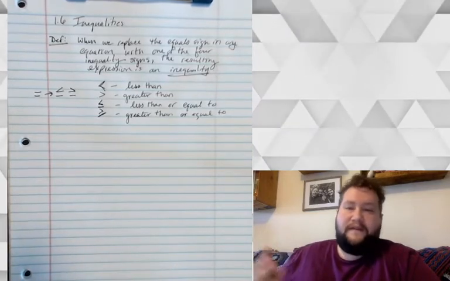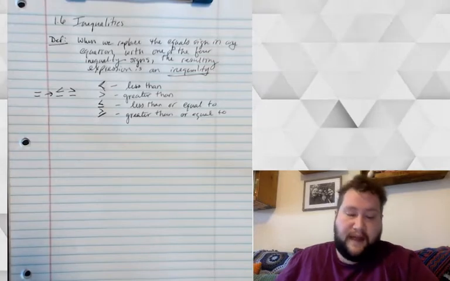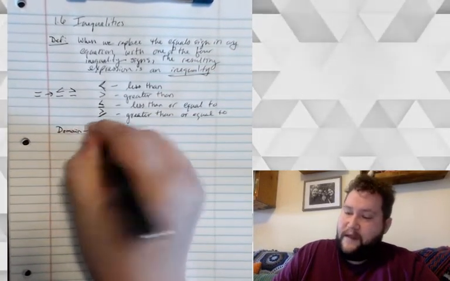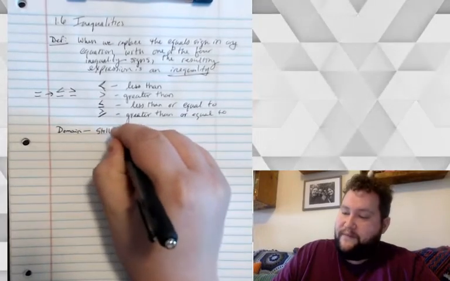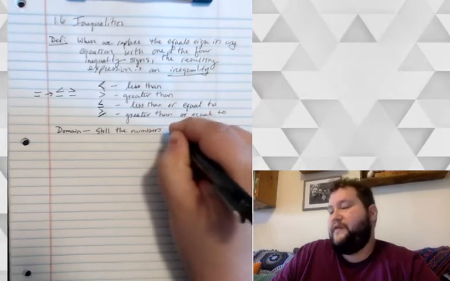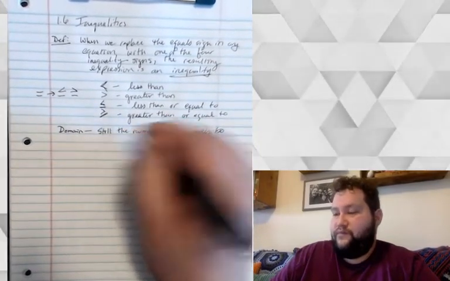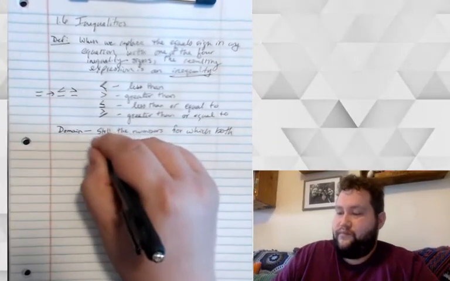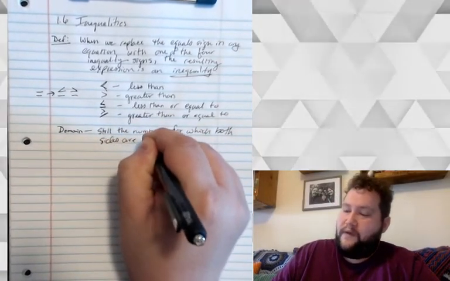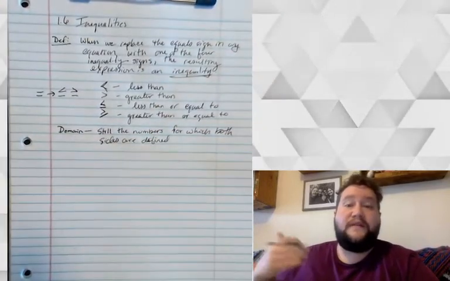But some of the things that we talk about with an equation are still the same. So domain, that's still the numbers for which both sides are defined. It wasn't necessarily that they were true.